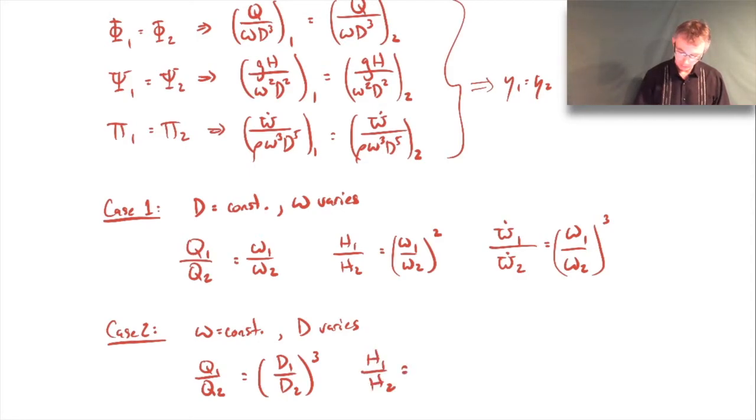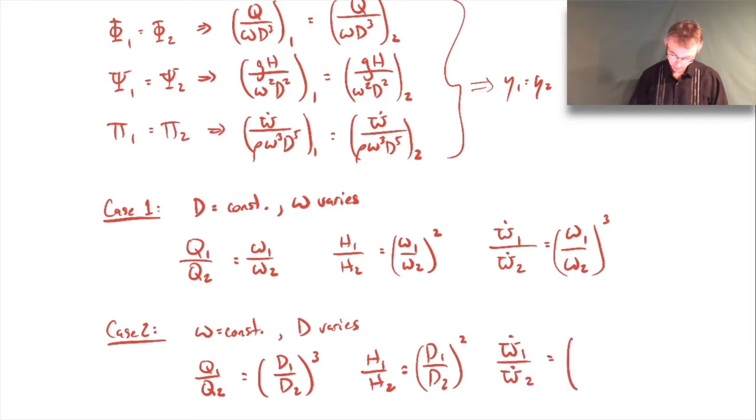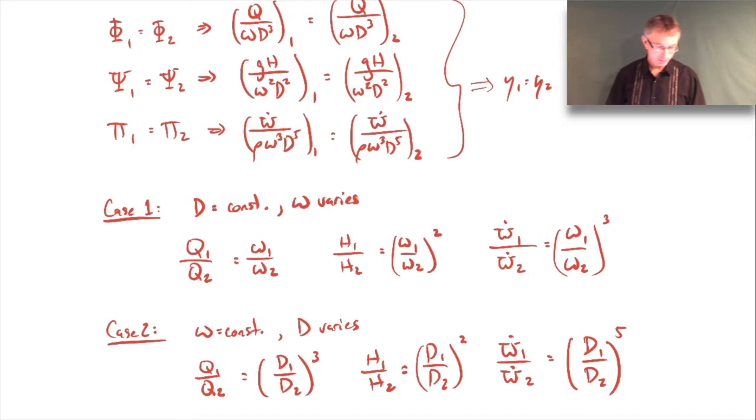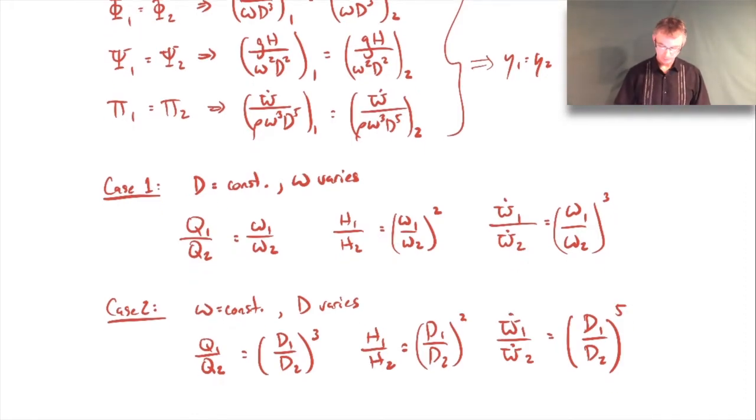What I'm doing now is just going back up to these relations, holding, for example, this one, the g constant and the omega constant. Now we're on to the powers. Okay, now we have these expressions.